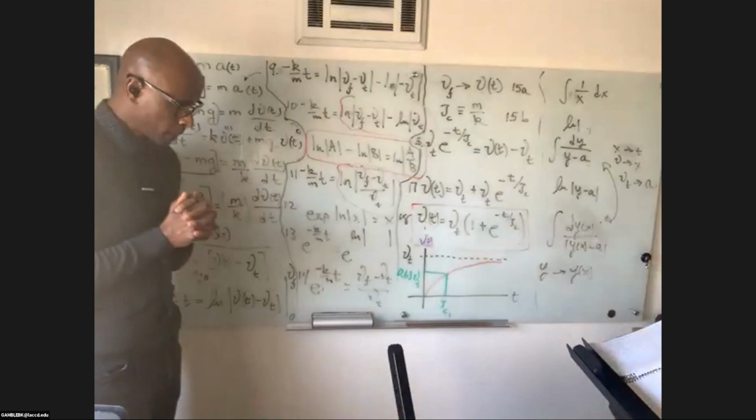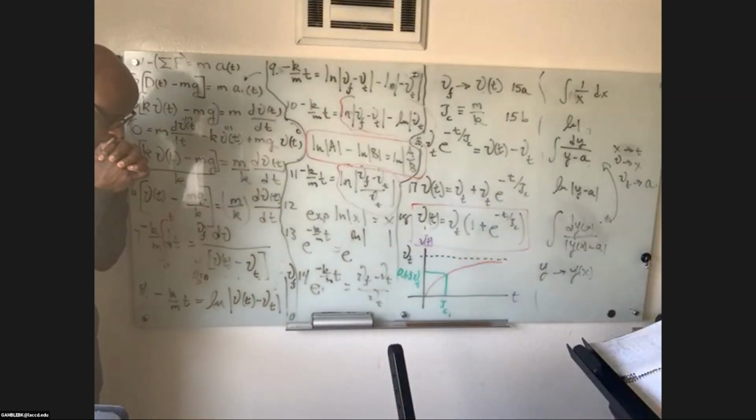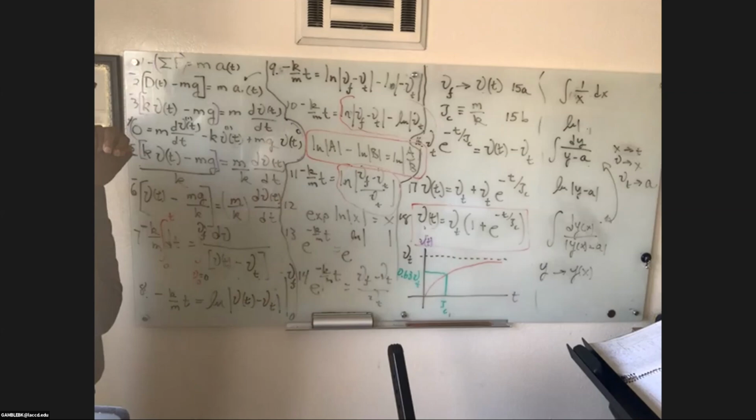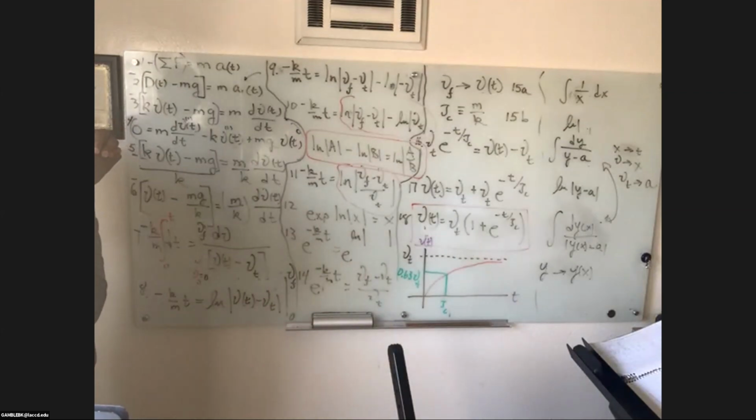Just one more thing, Professor. Yes, all right. So I looked at my notes, and I see that you replaced the drag force for kv times t. Right below the force is equal to ma.